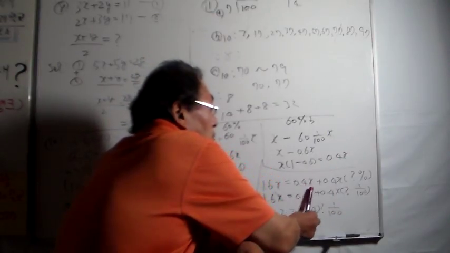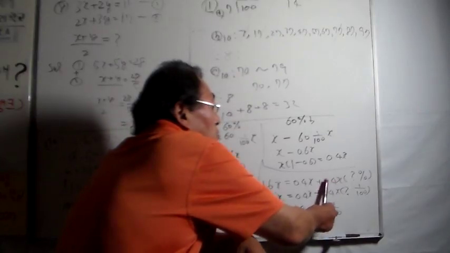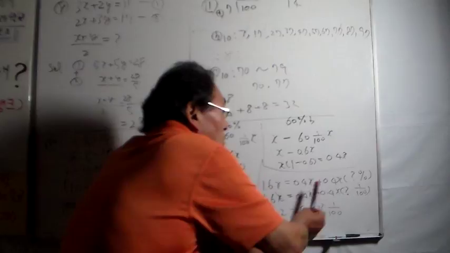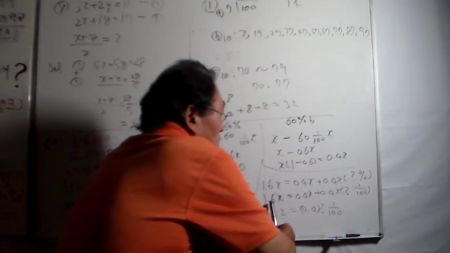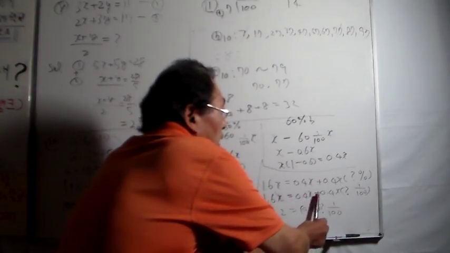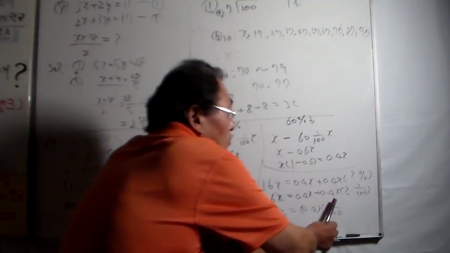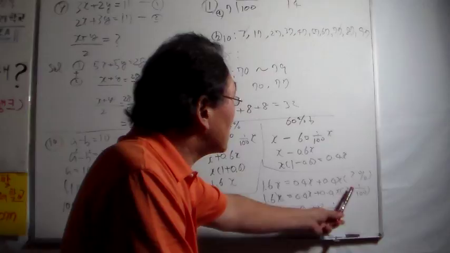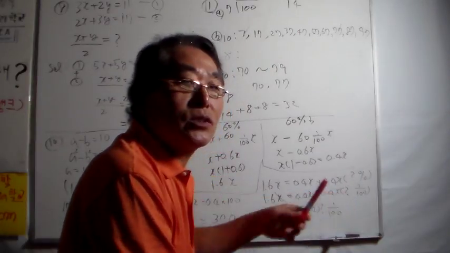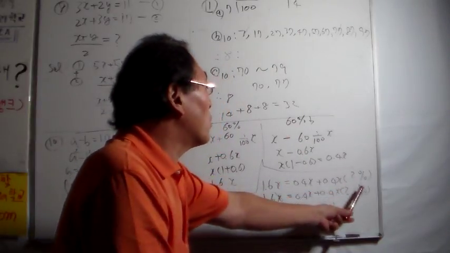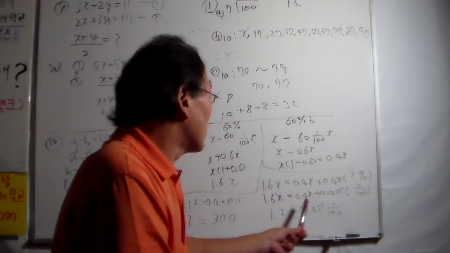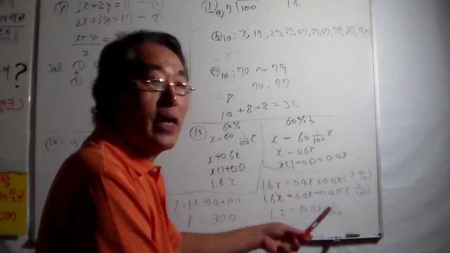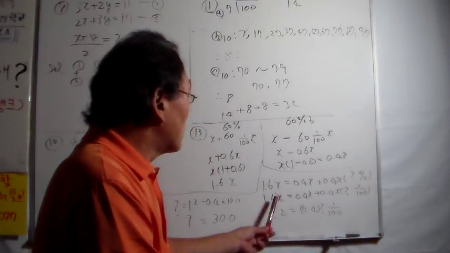So I simply write down 0.4x again, and for the question I write down percent, converting it to 1 over 100. This value is 1 over 100. Then we have x everywhere, so we cancel it.